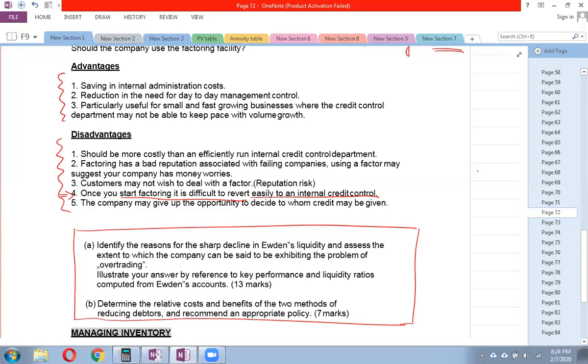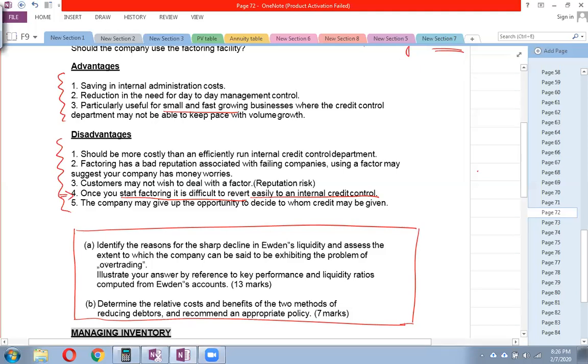Your employees will never know how to collect the money from the customers. For a small growing business, of course, it is a good idea. But in the long run, you'll start depending too much on them. Maybe your own credit control department can be more efficient if they work for you in the long run, right?